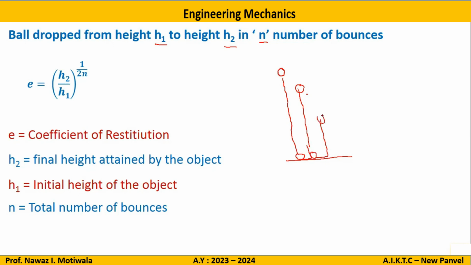Let us say this much height. So the initial height of this ball, the dropping height, was h1, and the final height was h2. In how many bounces? In 2 bounces. So in this case, the value for E will be (h2 by h1) raised to 1 upon 2n. Let us solve some examples based on this.